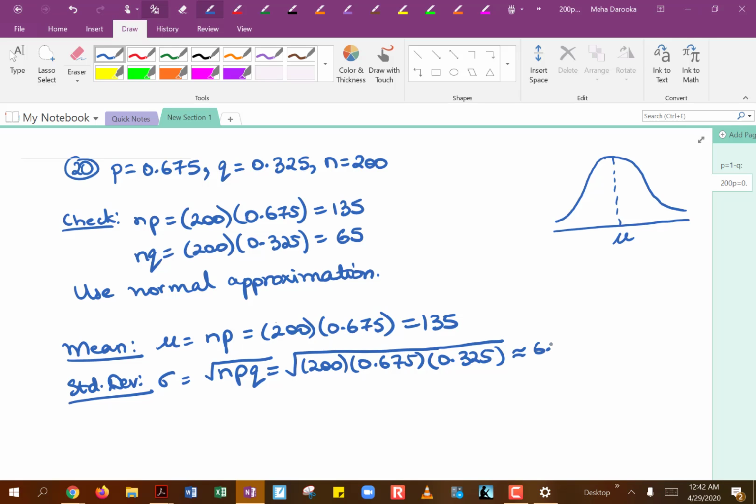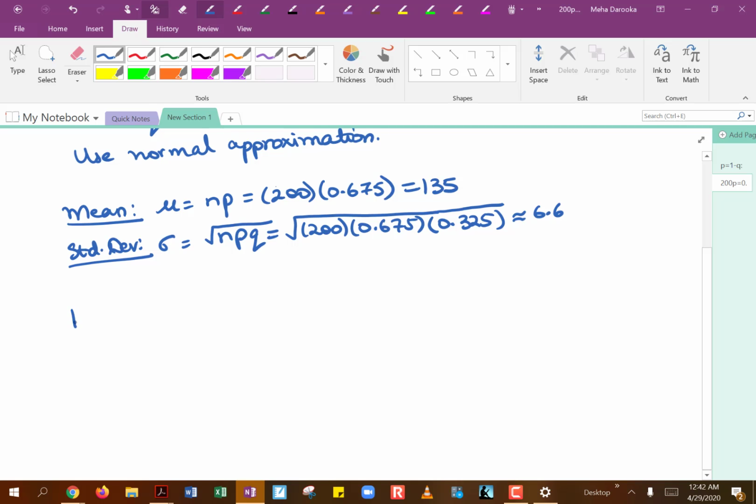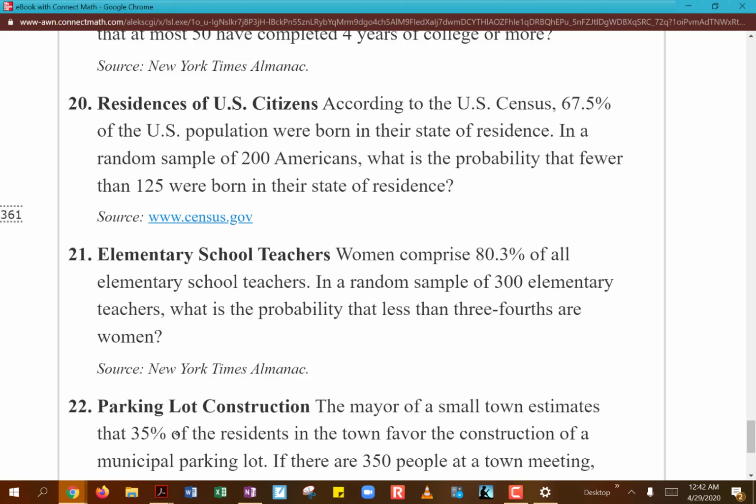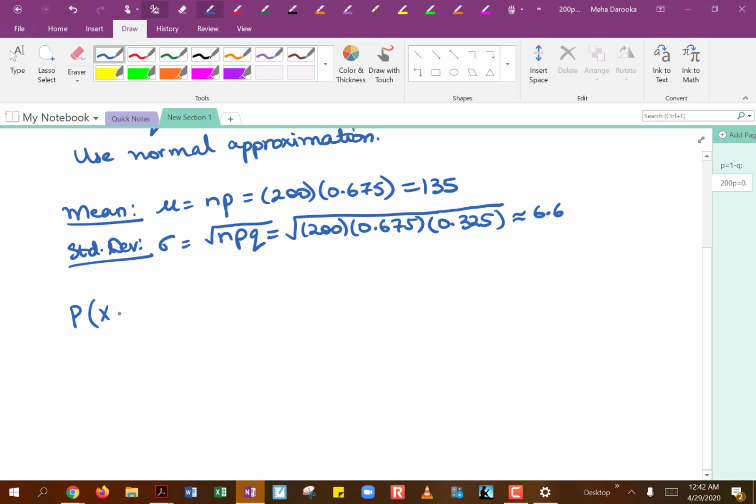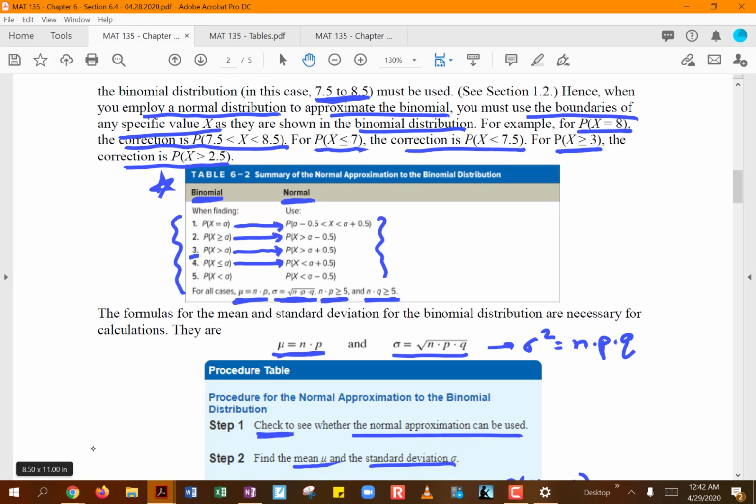Now let's do our probability notation. The question is asking us, and this is number 20, what is the probability that fewer than 125 were born in their state of residence? So fewer than 125 means x is less than 125. So do our continuity correction. When we are saying x is less than a number, you're using case 5 over here, which means you are subtracting 0.5 from this number.